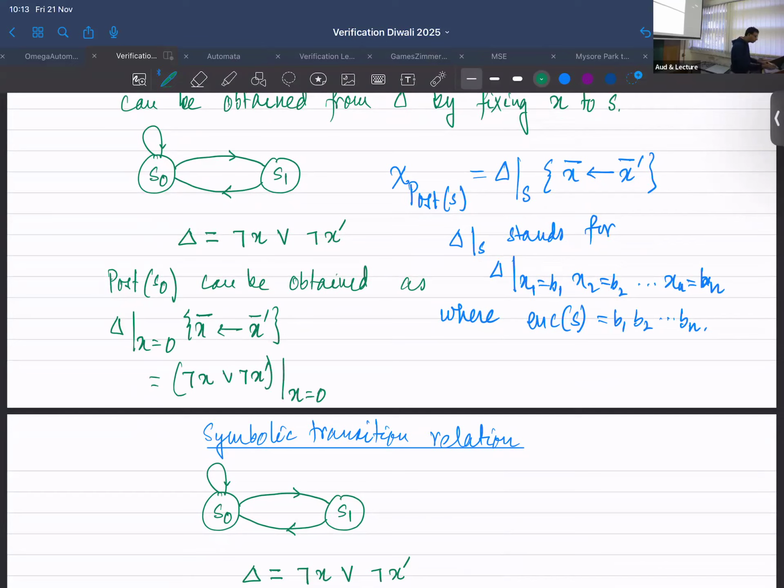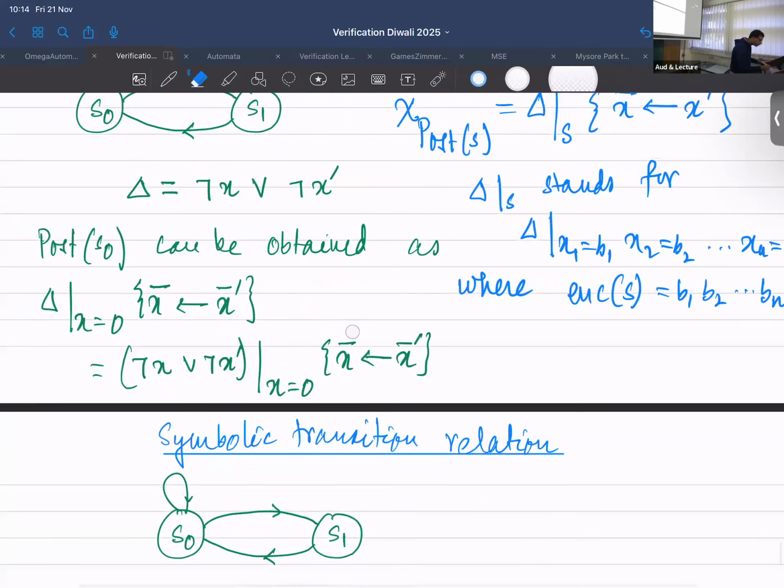Why x equal to 0? Because I'm talking about post of S0. S0 has x equal to 0, that is the value, right? So I'm just instantiating x with 0, and then in that expression, whatever we get, I replace the x primes with x. Here I just have a single variable x.